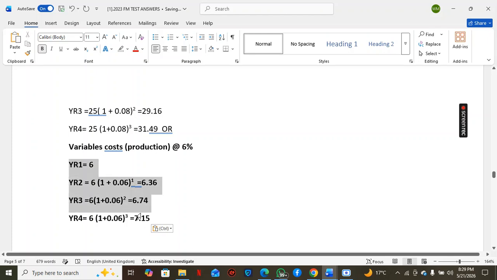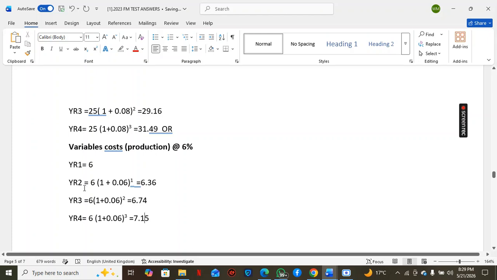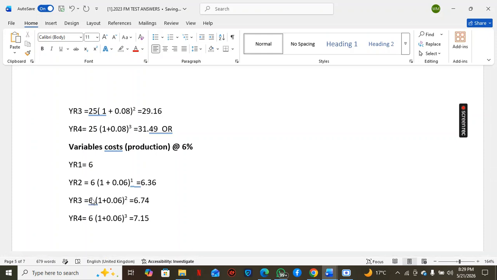Oh, wait, we started from year two, right? Year three, this 6.36 is going to grow by 6%. So 6.36 multiplied by 1.06.